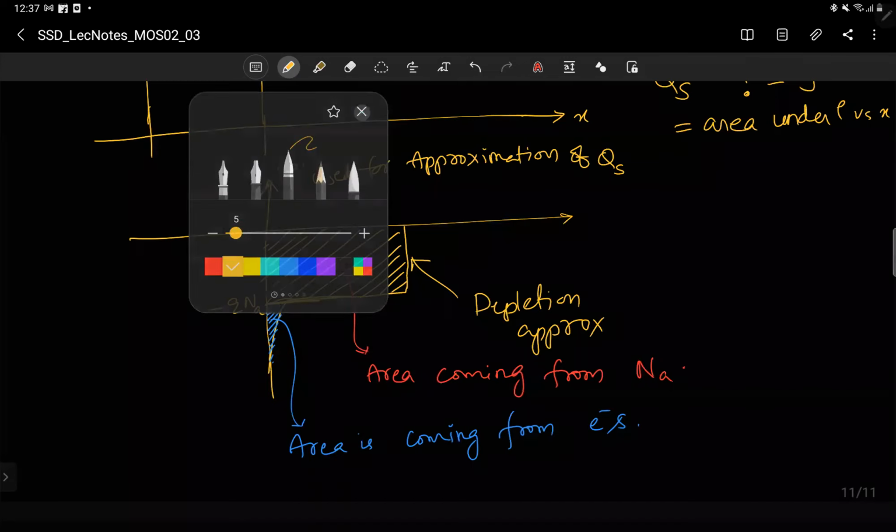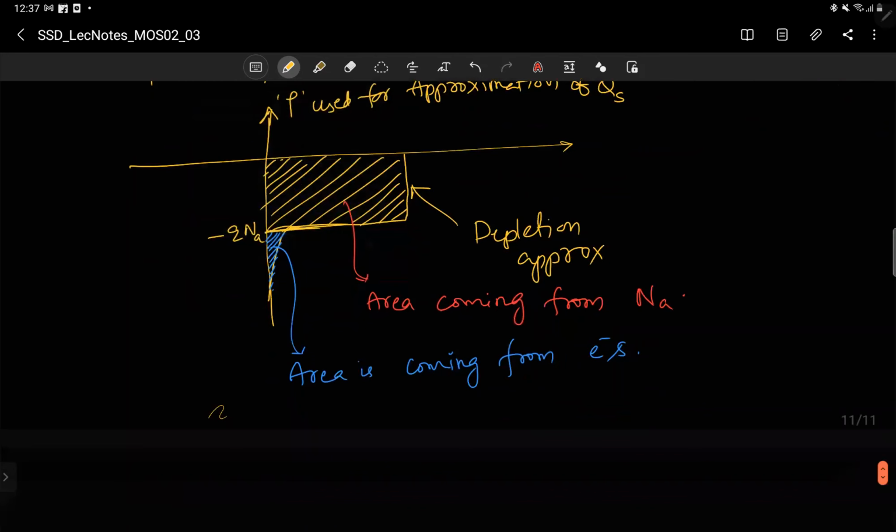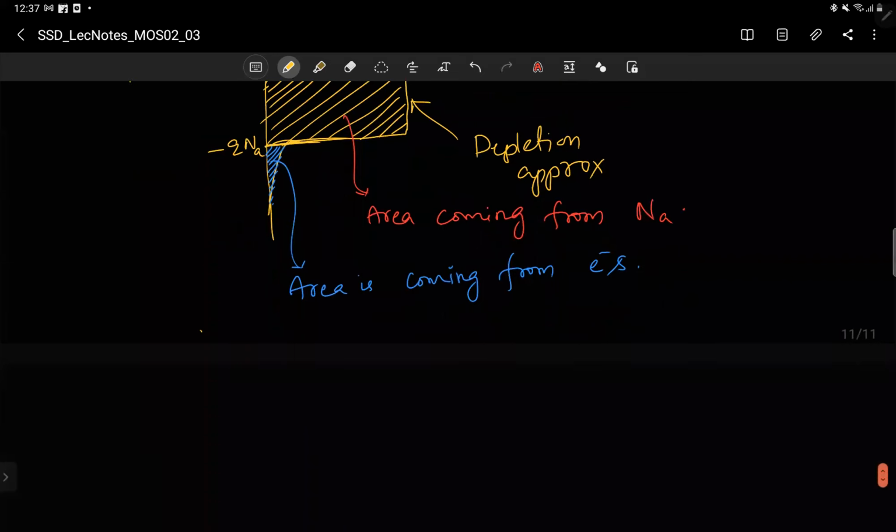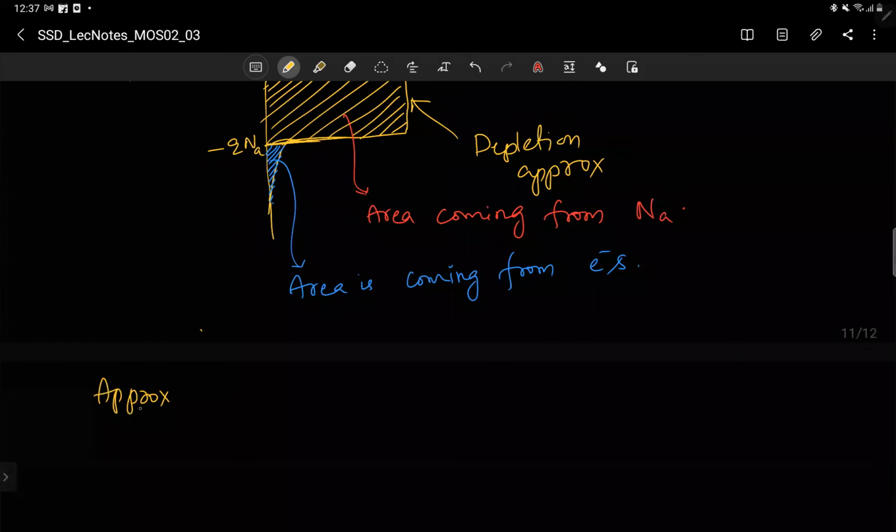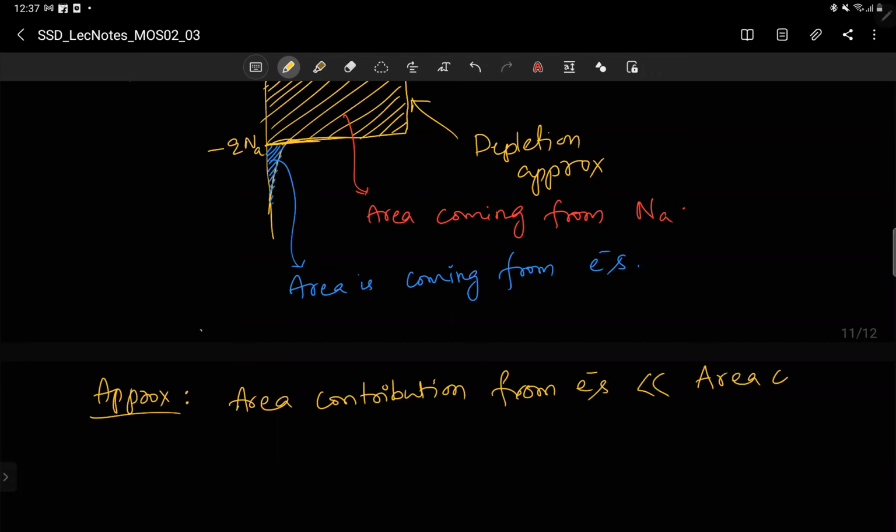So what you can say is that the area contribution from electrons is much smaller than the area contribution from Na minus.